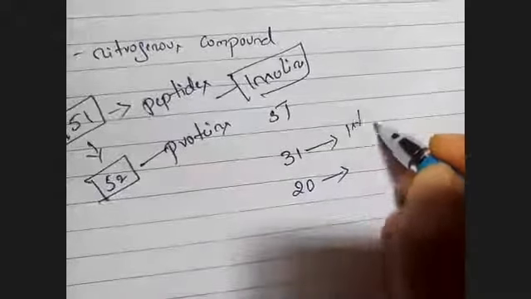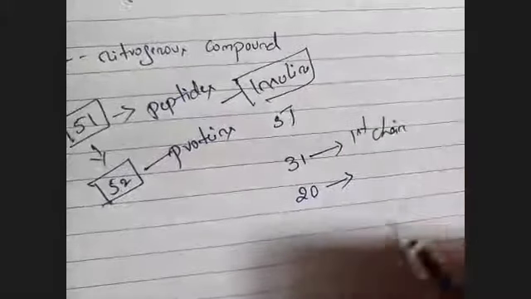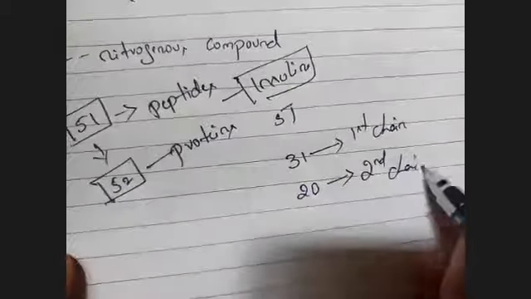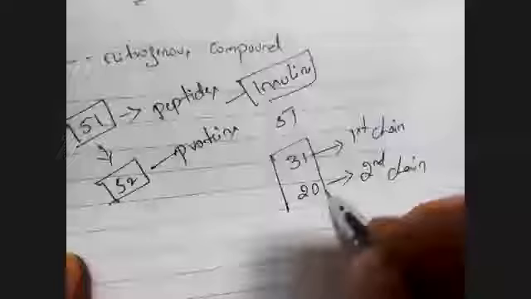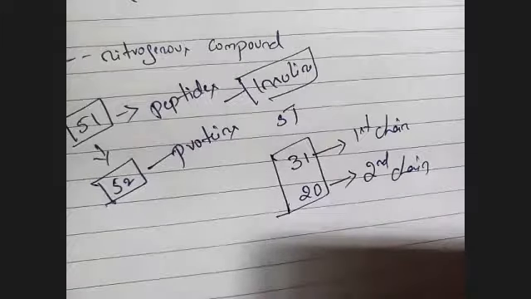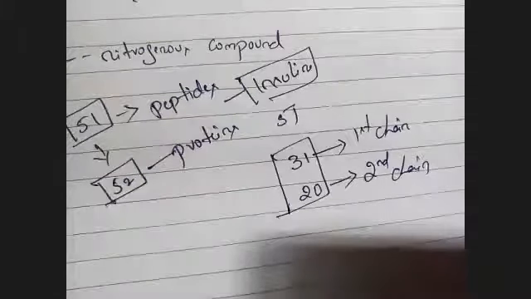So the total number of amino acids present in insulin is 51. Now tell me whether it belongs to peptide or protein. Can you tell me if insulin is a peptide or a protein?